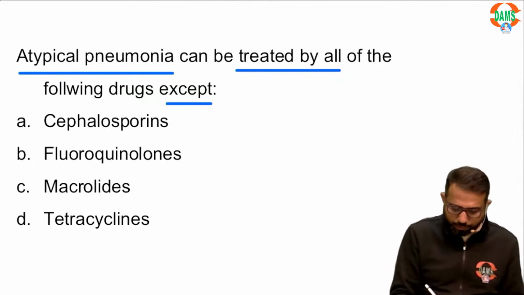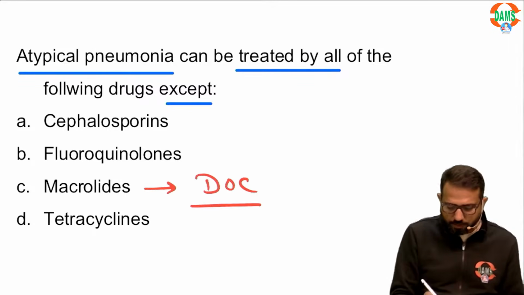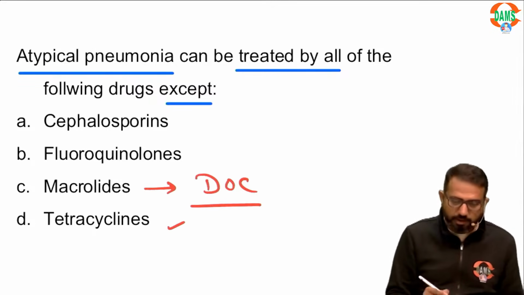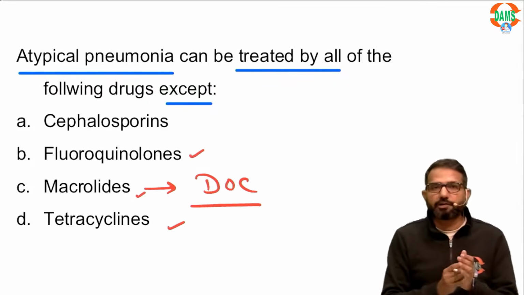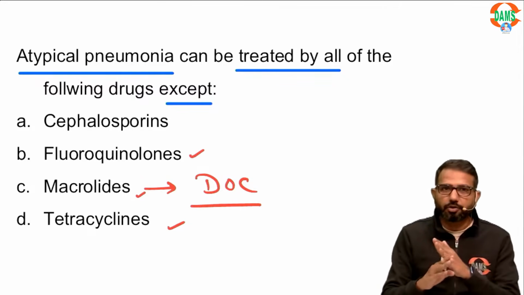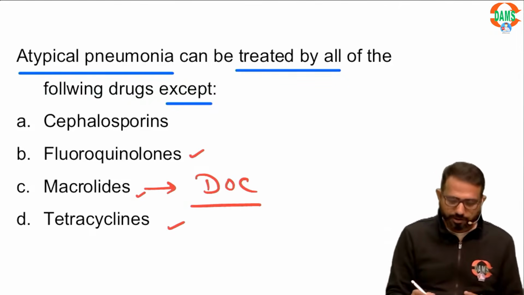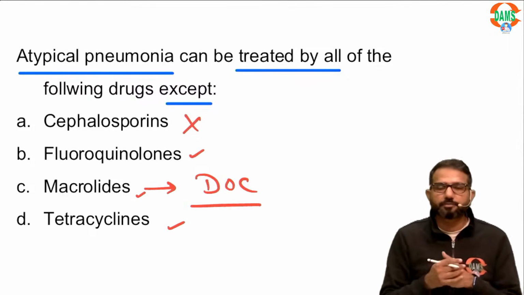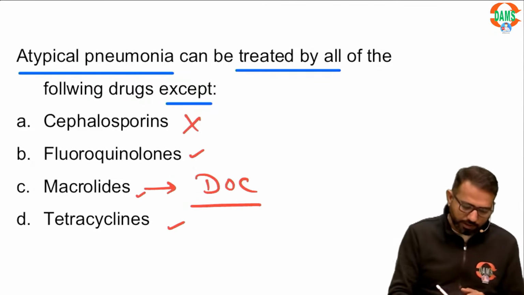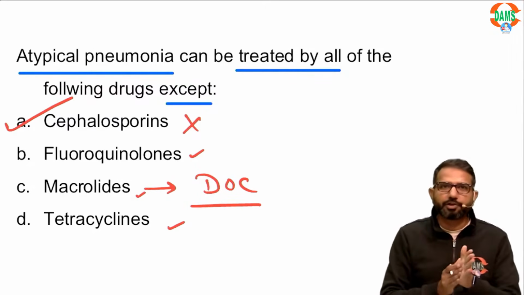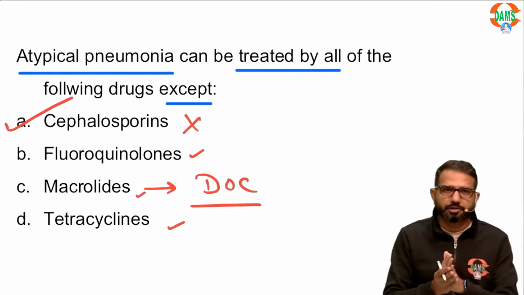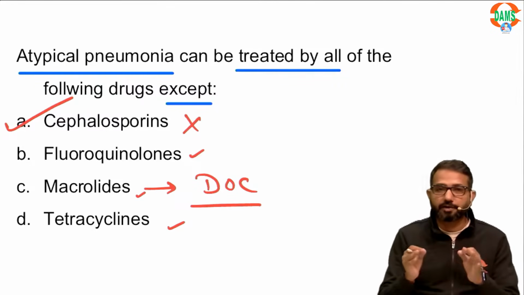The drug of choice is macrolides. Azithromycin is the drug of choice, but we can use doxycycline if needed. We can use fluoroquinolones like levofloxacin, but there is no role of beta lactams because these are cell wall synthesis inhibitors. So what is the correct answer? Cephalosporin. In atypical pneumonia, the best is macrolides, but the drugs which are not effective are the beta lactams.